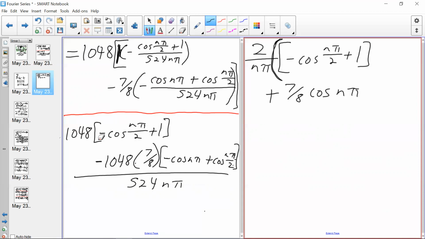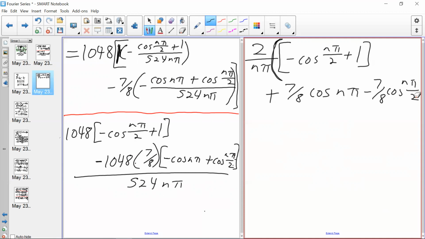So now it's going to be multiplied by this term here that we see up top, negative cosine n pi over 2 plus 1. And then this is minus minus, so it's going to be plus 7/8 cosine n pi. And then this minus sign corresponds to this term here, so it's going to be negative 7/8 cosine n pi over 2.